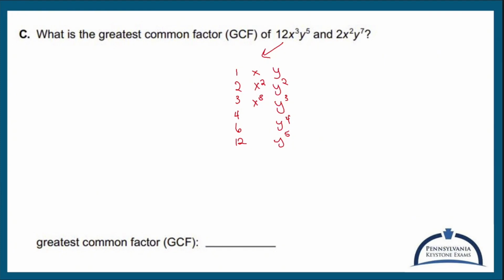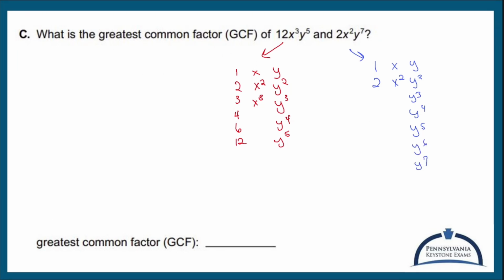Let's do the same thing with 2. 2 can just be 1 and 2. X squared is just going to be x and x squared, and y to the 7th is just going to be y, y squared, y to the 3rd, y to the 4th, y to the 5th, y to the 6th, y to the 7th.